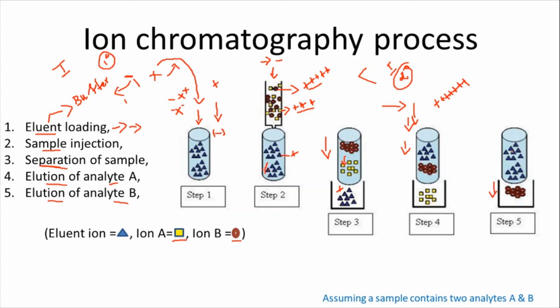Then the secondary buffer replaces the stationary phase. If you are taking 3, 4, 5 samples, you continuously increase the ionic strength of the buffer: primary, secondary, tertiary, quaternary, likewise. So you can elute based on charge interaction or ion exchange principles. Now I only mention two samples.